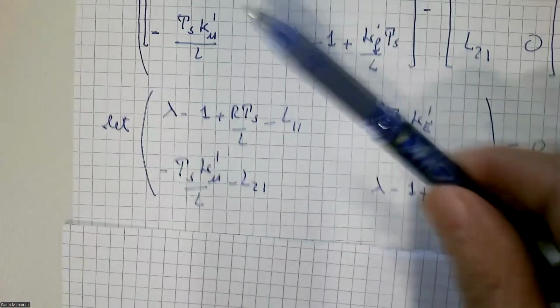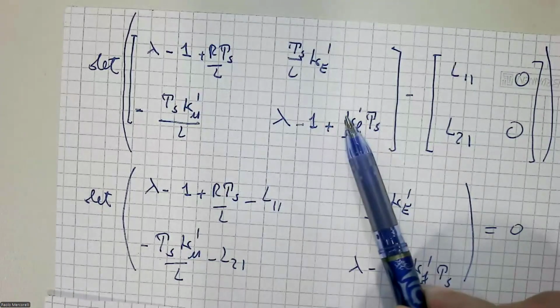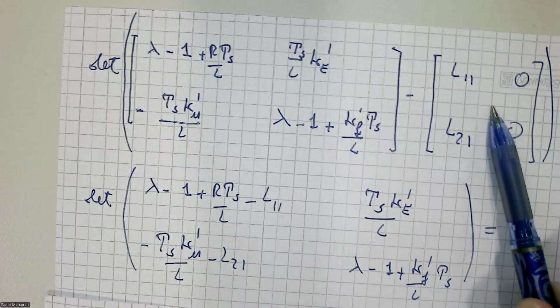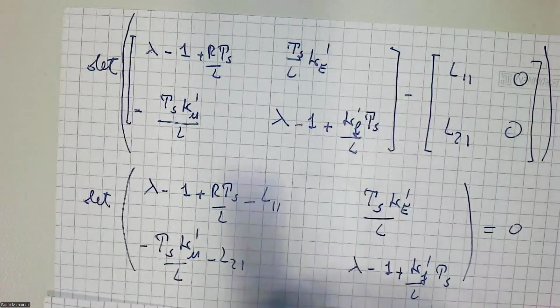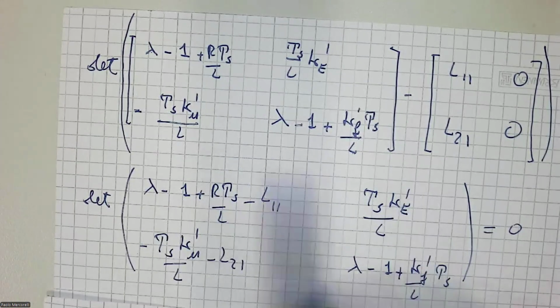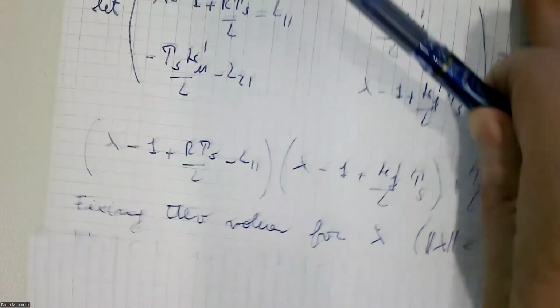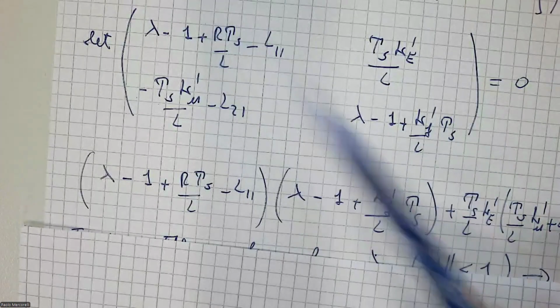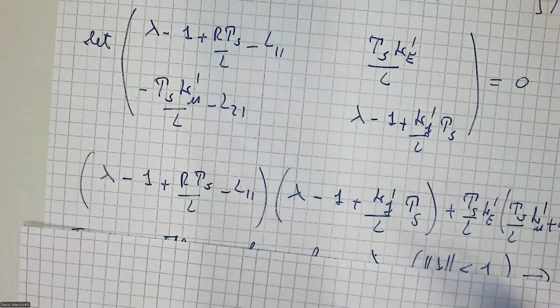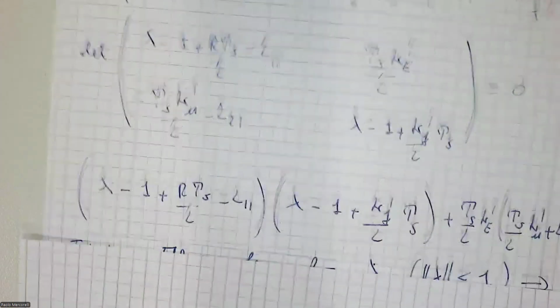Then I will subtract this and this, this minus this. I will obtain, believe me, equals 0. Then I do the determinant: this multiplied by this minus this multiplied by this, with this long expression.